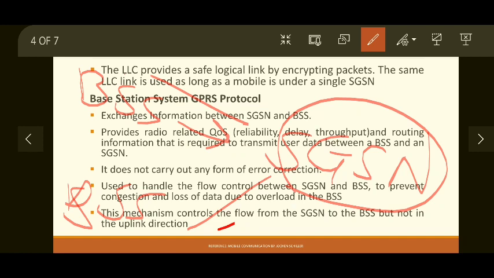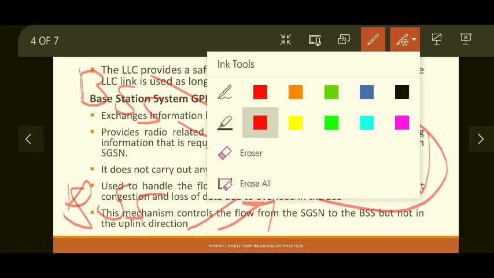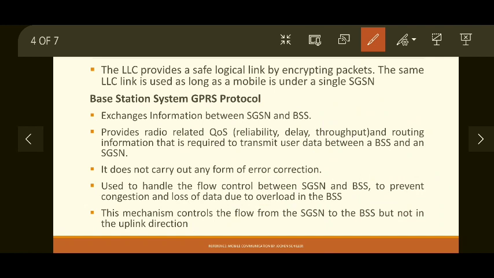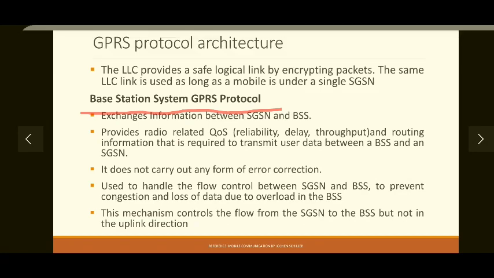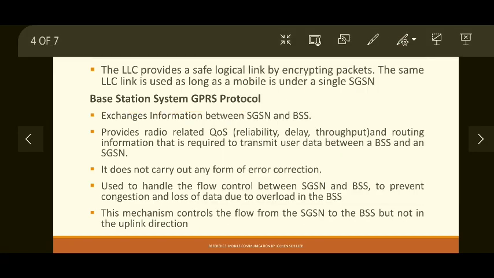If all of them are trying to send at the same time, there will be congestion, and due to congestion there will be a loss of data, and that can be avoided by BSSGP. So the key points for BSSGP: maintaining communication between SGSN and BSS, maintaining the quality of service parameters, providing routing information for the SGSN, controlling flow in the downlink direction, and avoiding congestion at the SGSN. These are the key functions of the BSSGP.